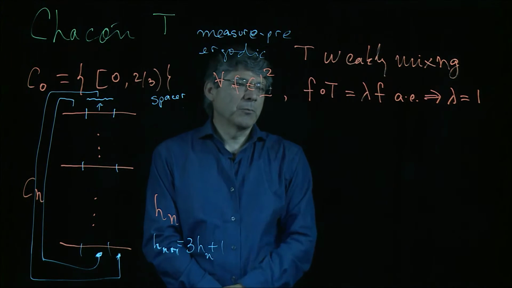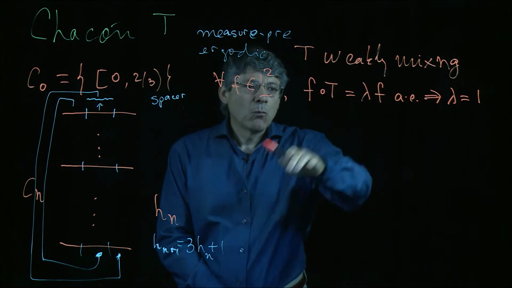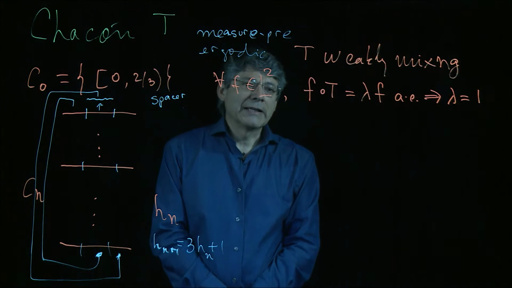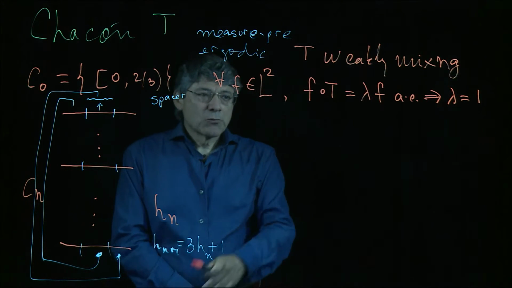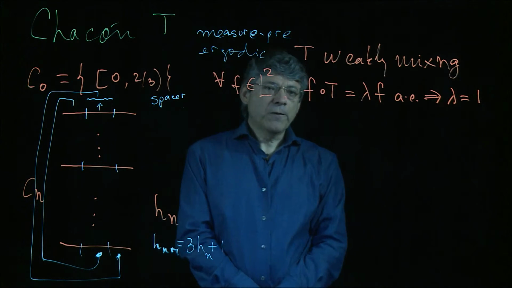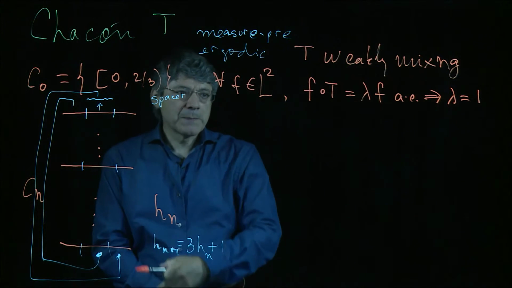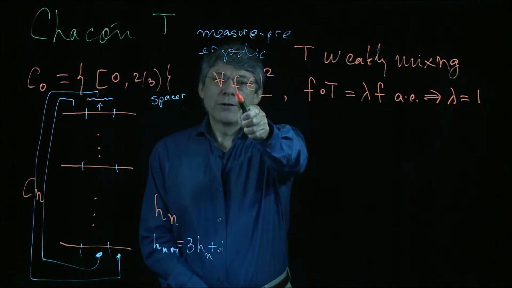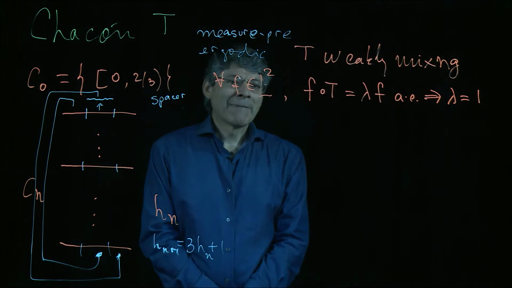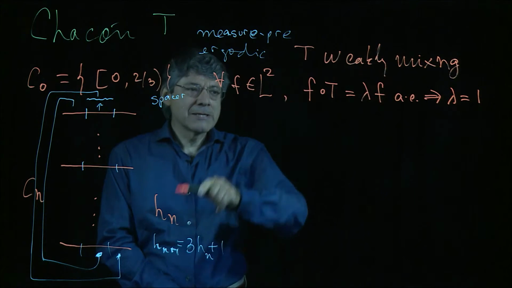Well, going back to this property now. There's only one lambda, lambda equal to 1 is the only eigenvalue. Now, there are a couple of things to remark about this property. The first one is that f is in L2, and since we are in a finite measurable space, we know that f is in L1, and we can put absolute values on both sides and integrate.